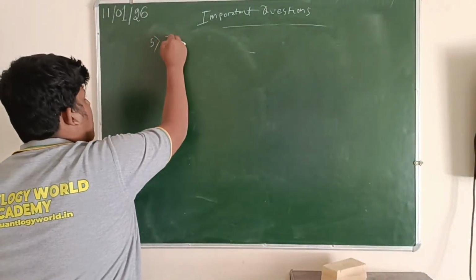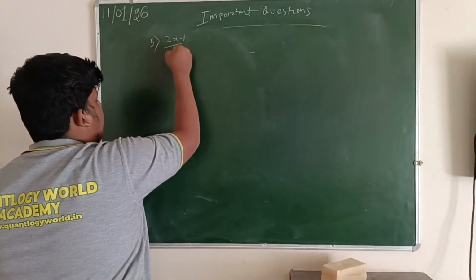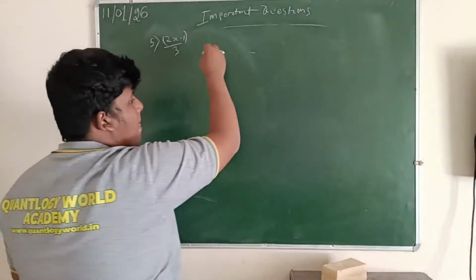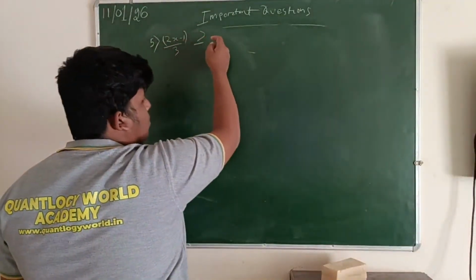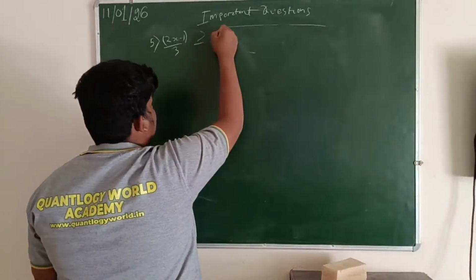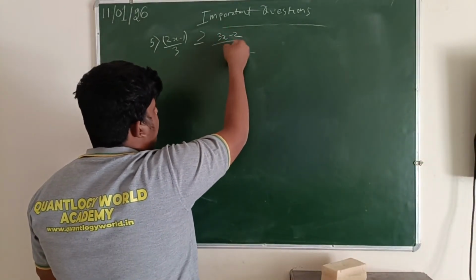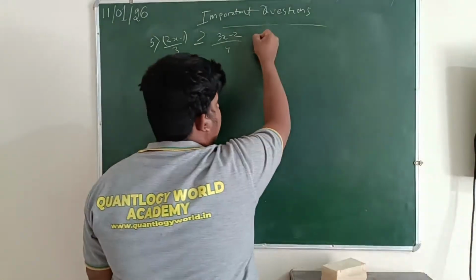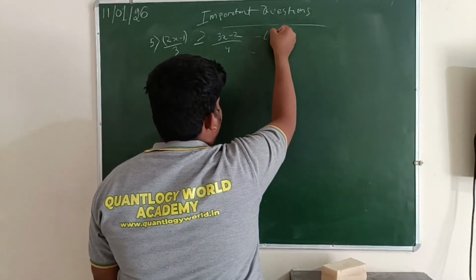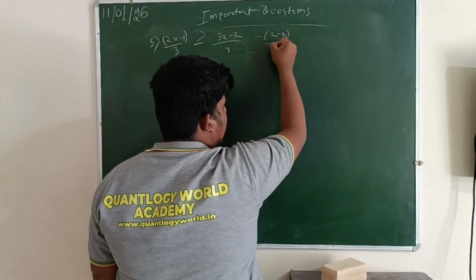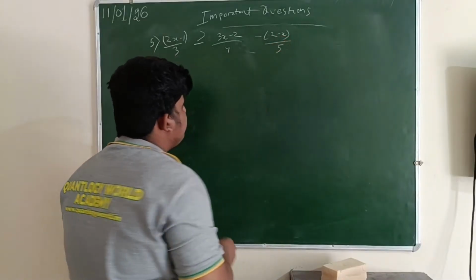2x minus 1 by 3 greater than or equal to 3x minus 2 by 4 minus 2 minus x by 5.